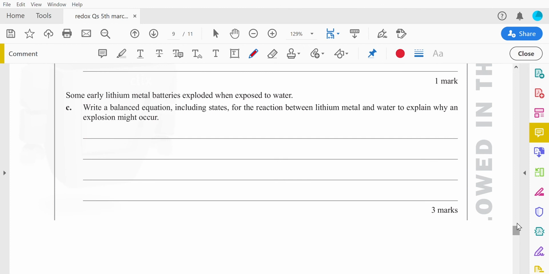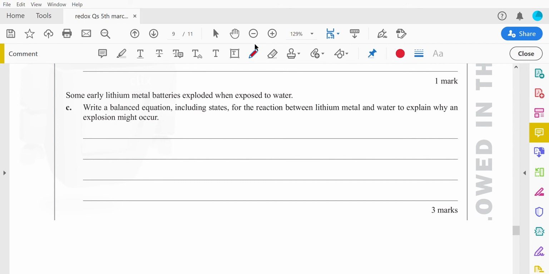Question 7c. Some early lithium batteries exploded when exposed to water. Write a balanced equation including states for the reaction between lithium metal and water to explain why an explosion may occur. So, I will write this out. We've kind of talked about this before.